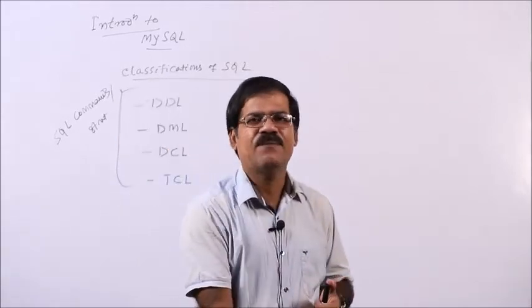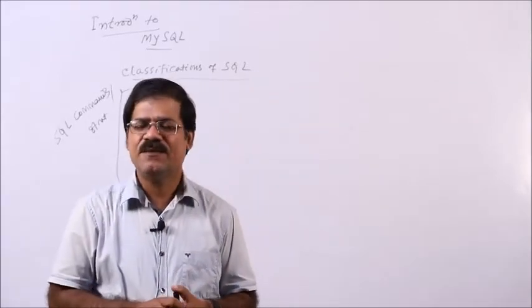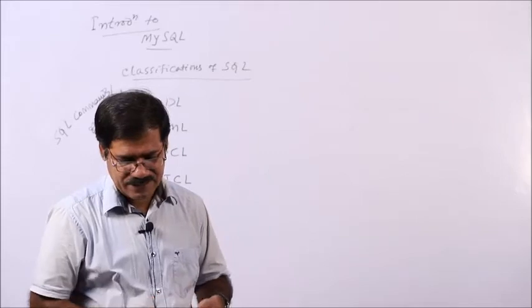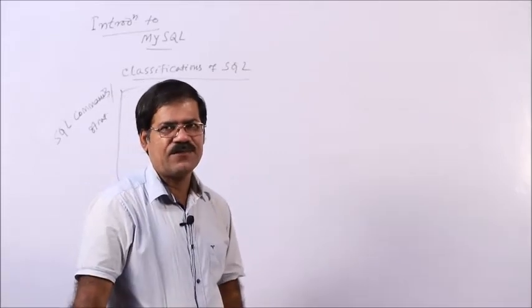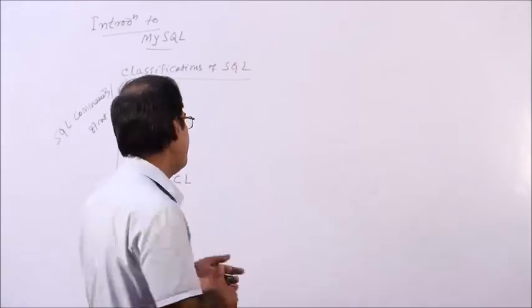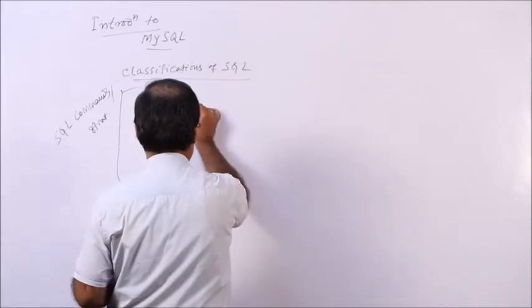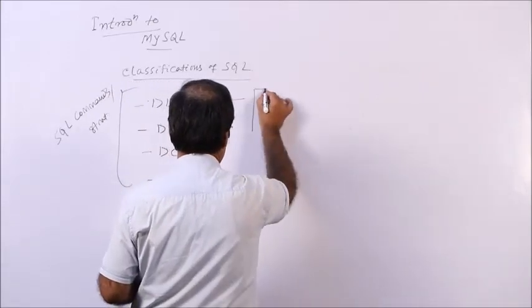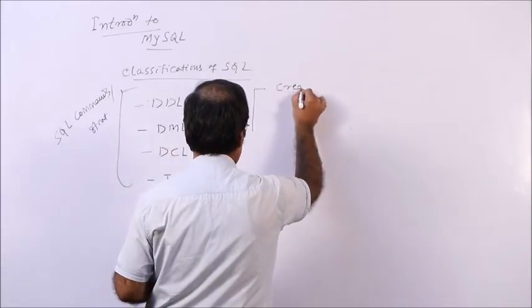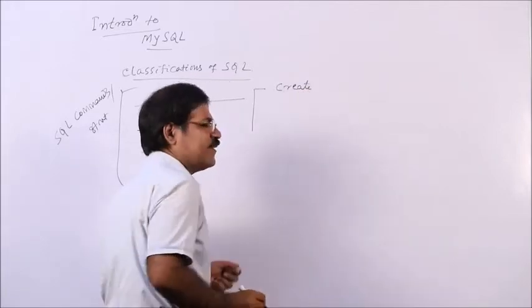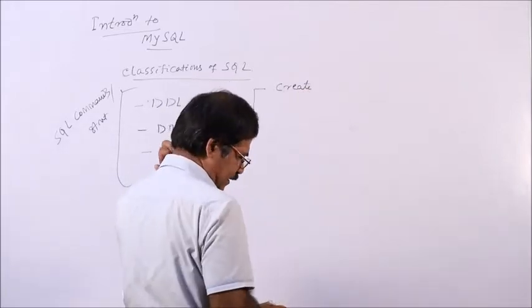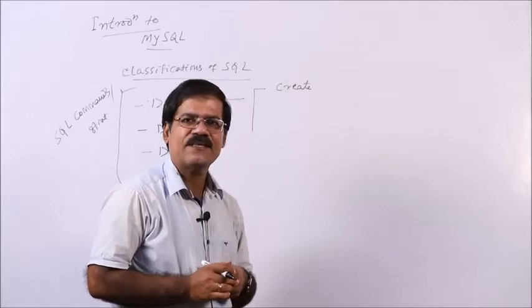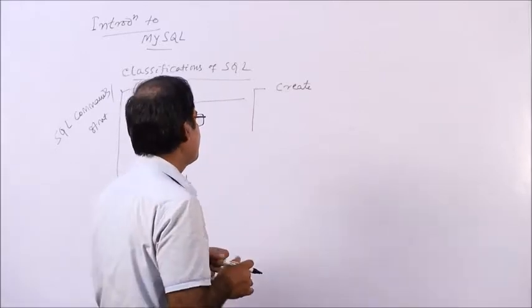DDL means data definition language. You have to define, that means create something: create, alter, drop, rename. Create is a command or statement used to create a database or create a table.